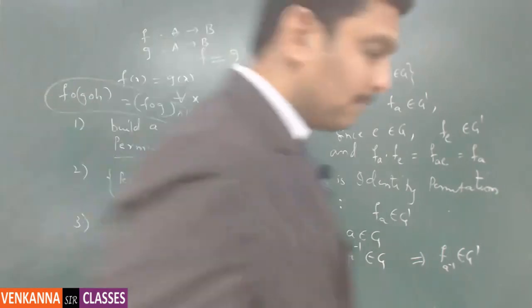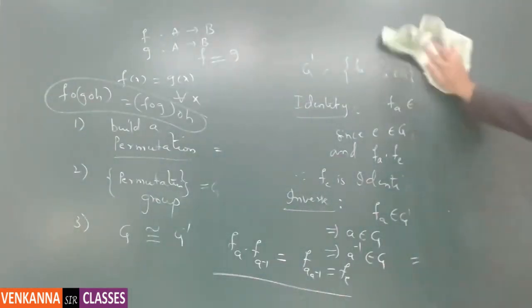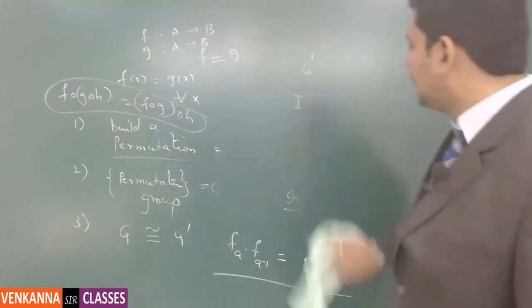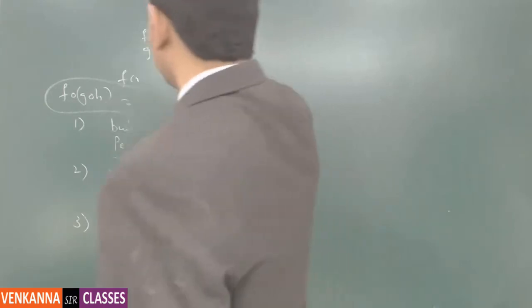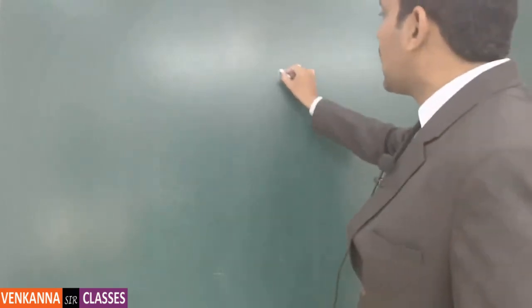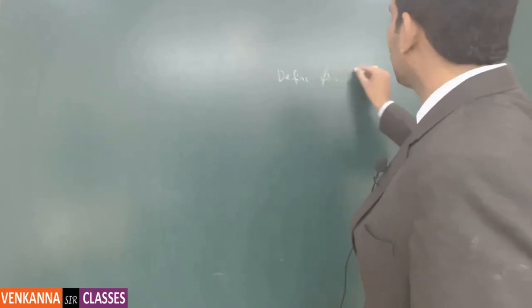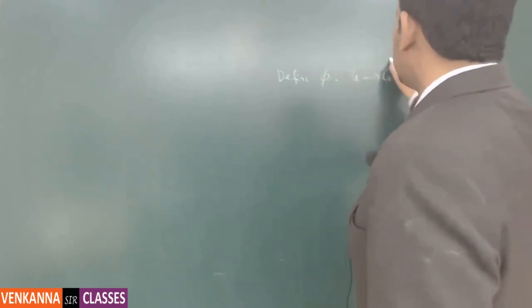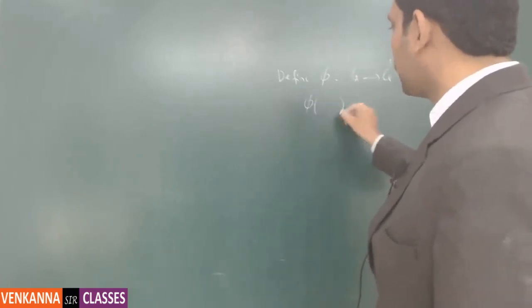So I have completed 2 levels in the proof. The third level is we need to build an isomorphism between G and G dash. So I am defining a function phi from G to G dash by phi of A equals FA.